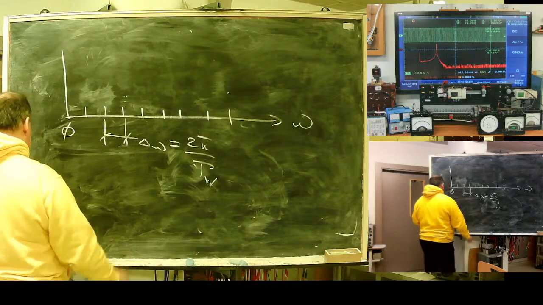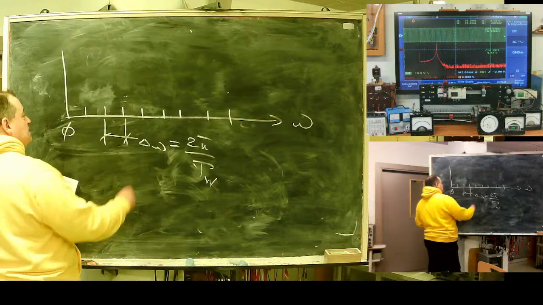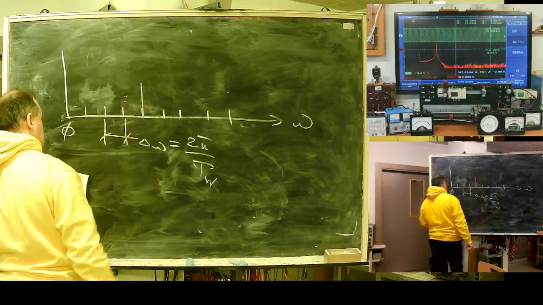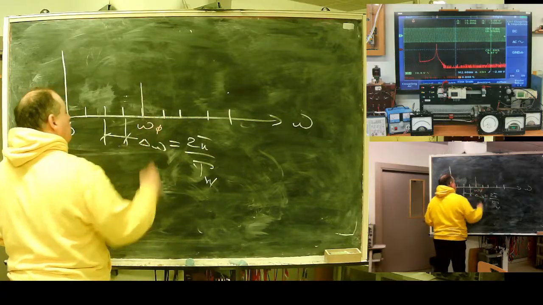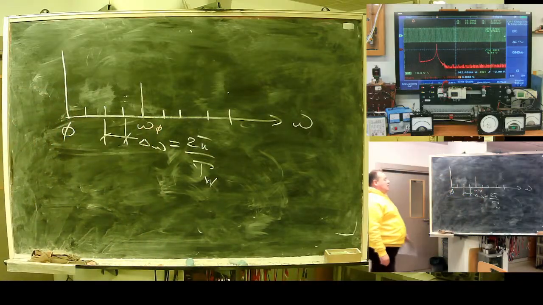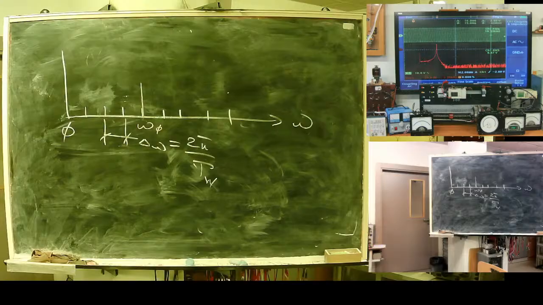In a good case, we will see something like this. This is omega 0. If we are lucky, the frequency of our process signal corresponds to one of the lines of the frequency net.